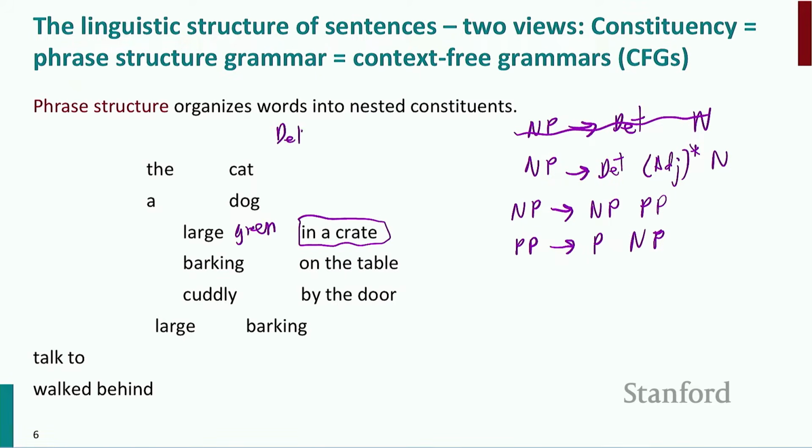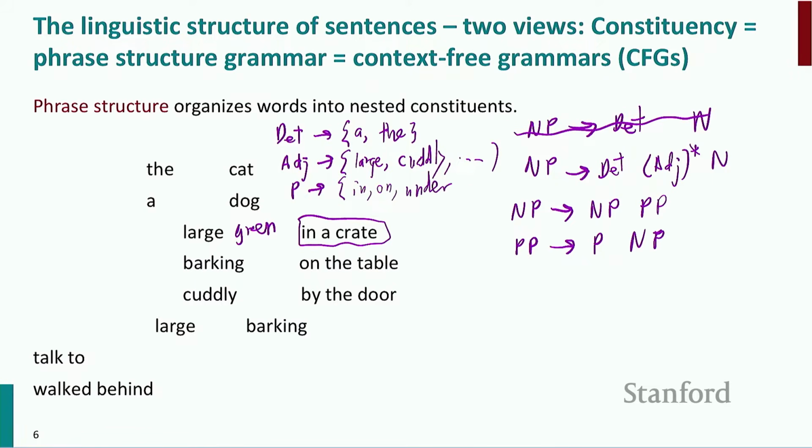So a determiner can go to words like a or the, and an adjective can go to words like large, cuddly, or many other words that I'm not going to write down. And a preposition can go to words like in, on, under, etc.